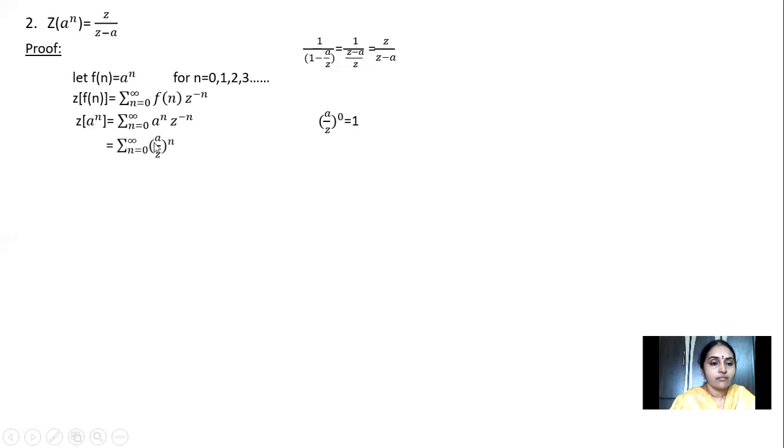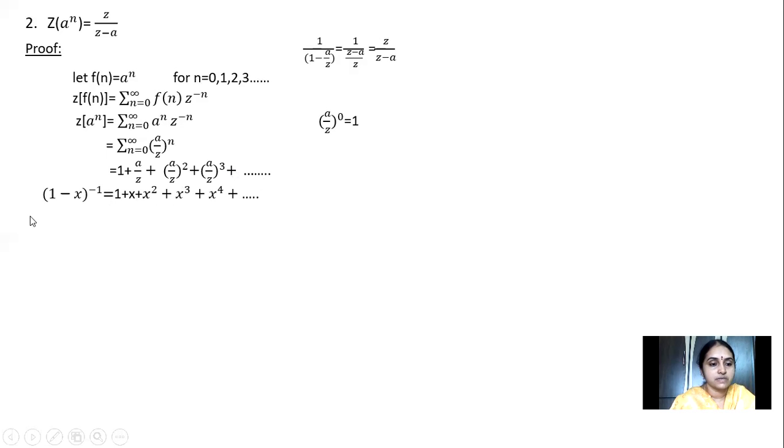Both powers are the same, so we write a by z whole power n. Then expand the sigma: put n equal to 0, anything power 0 is 1, put n equal to 1, a by z whole power 1, a by z whole square, whole cube, and so on. This is the actual formula.